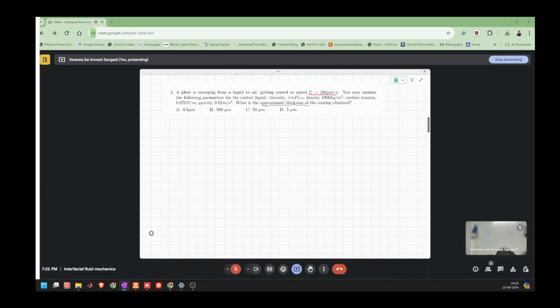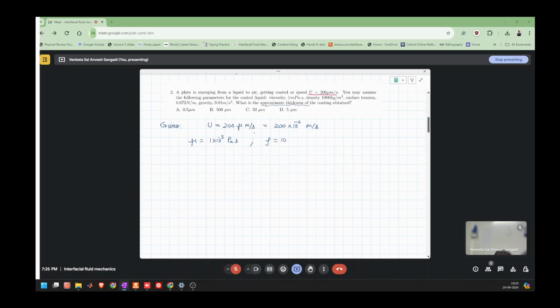So first we'll write down what is given. The plate speed is 200 micrometers per second, which equals 200 into 10 power minus 6 meters per second. Viscosity mu is equal to 1 into 10 power minus 3 Pascal second.